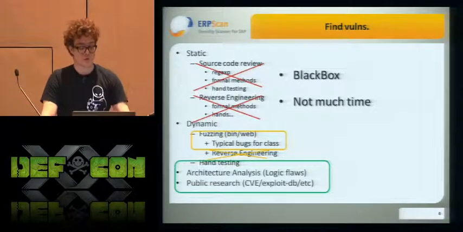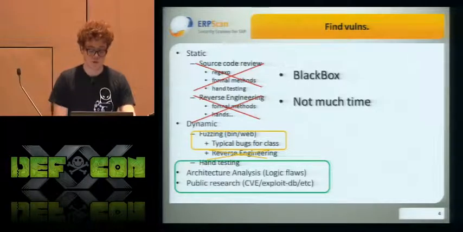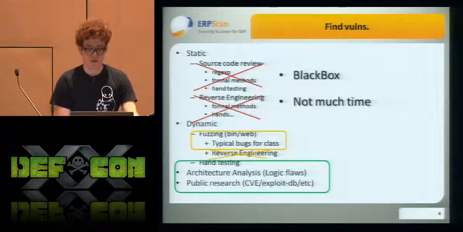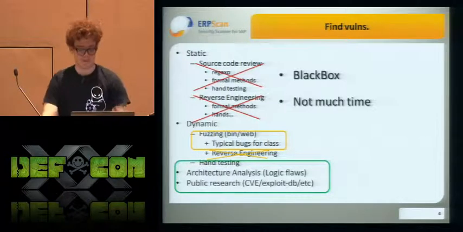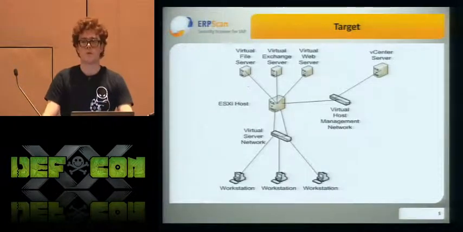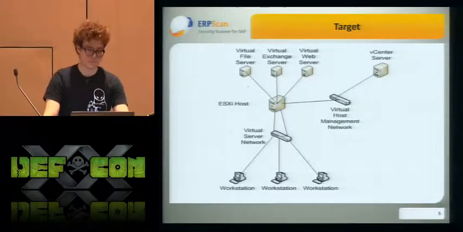I would like to show that using public research, all the bugs, all the information, and a little bit of analysis, we can find new bugs. So one day we had a big network, and all the infrastructure was built on VMware ESXi hosts and vSphere.